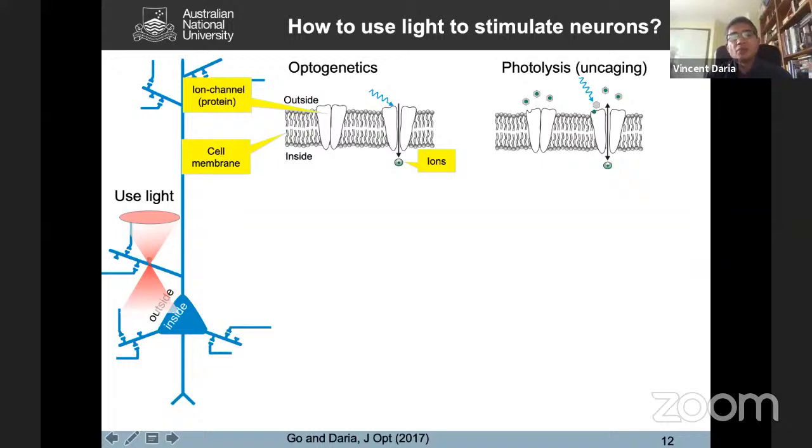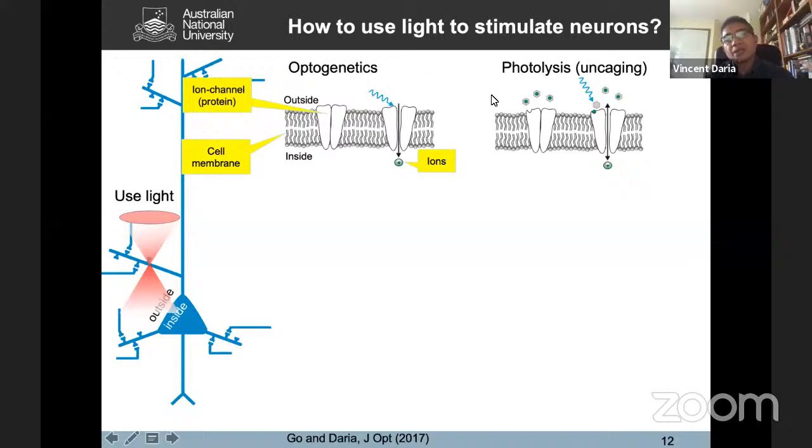When a synapse actually occurs, channels like these open up and allow ions to go inside the cell, and that's why you see a change in the voltage. Positive ions would change the potential difference between the voltage inside the cell and the voltage outside the cell. But then you need to modify your animal to do this.